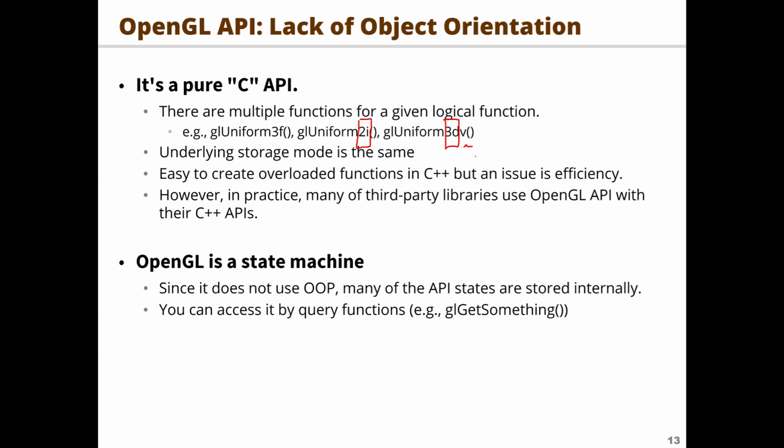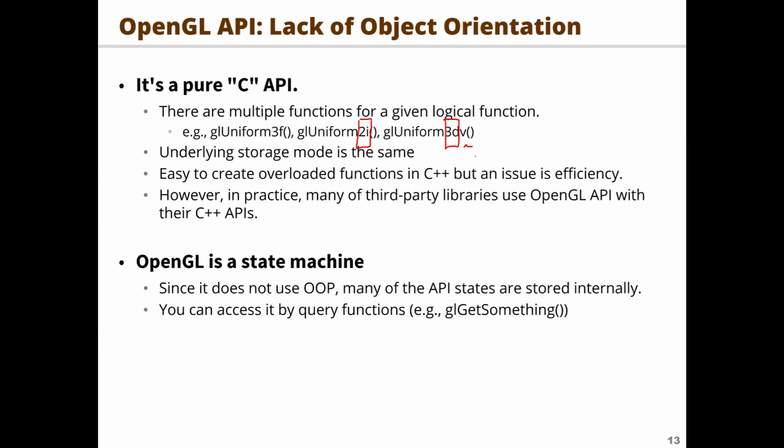So we provide just a double pointer, but its content is like 3 double precision floating point numbers provided as an argument to this function glUniform.